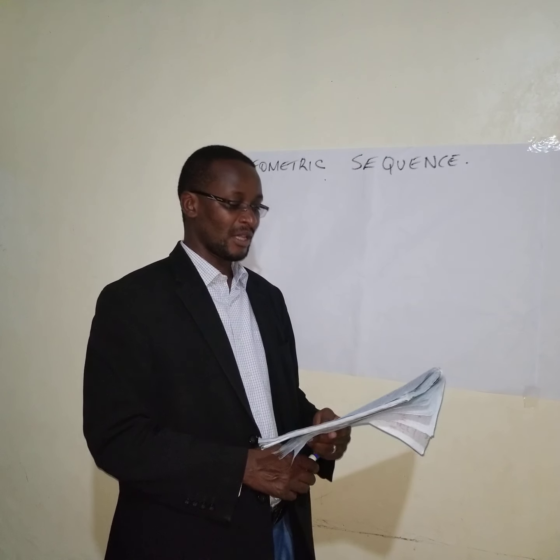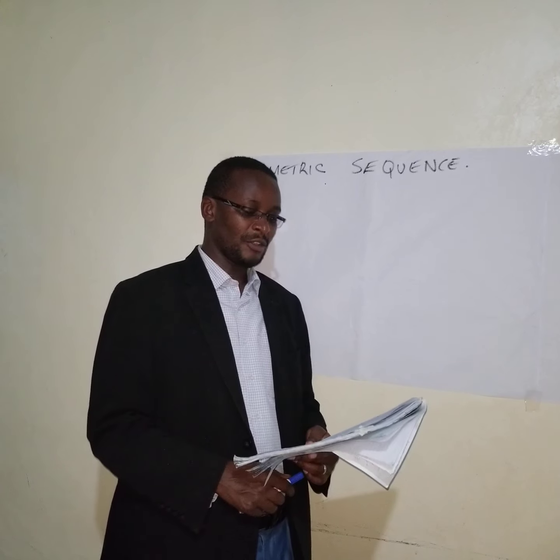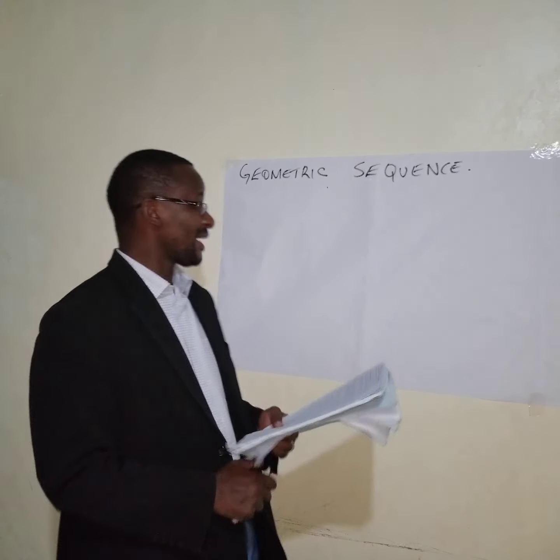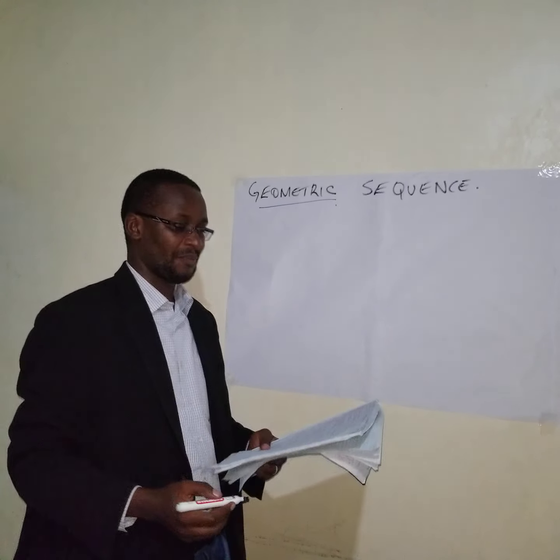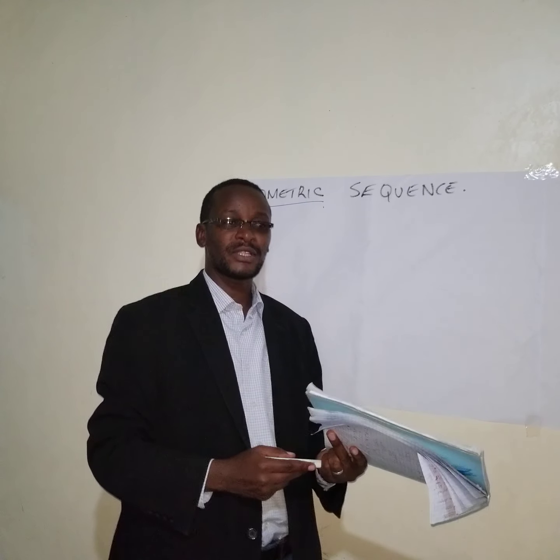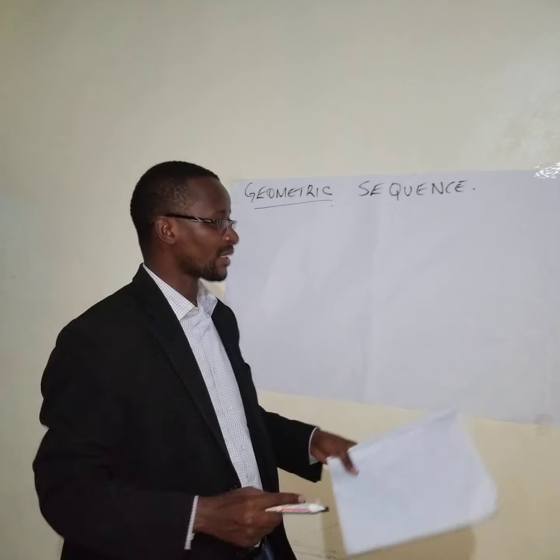a geometric sequence. A geometric sequence, as the word suggests, is one in which the ratio of the consecutive terms is constant.